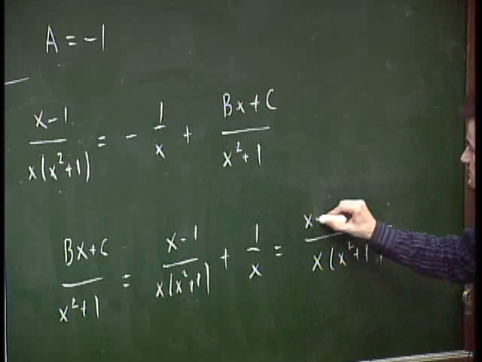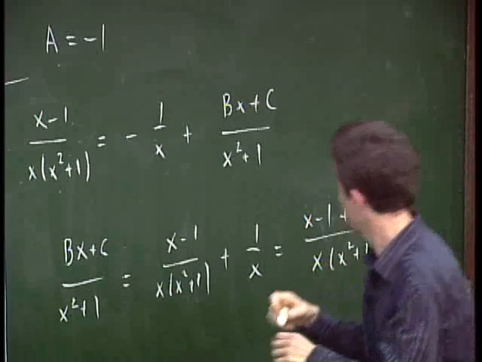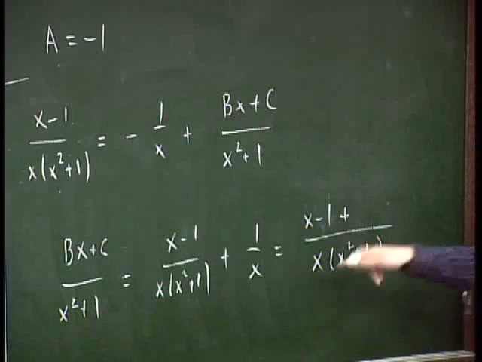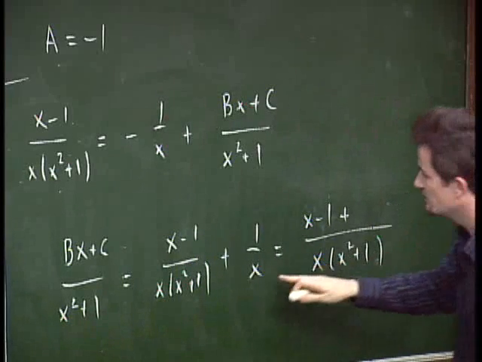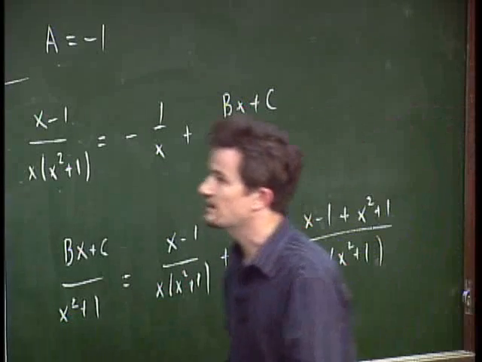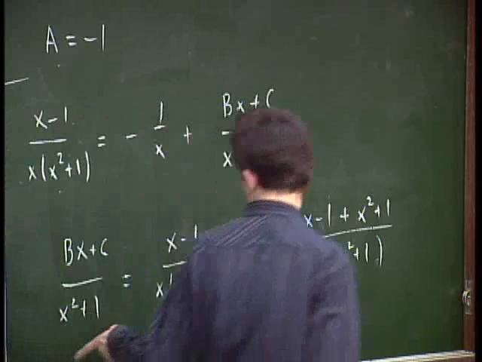So you have here x minus 1 plus, okay, because you have to multiply everything with x, you still have an x here, I was just confused. So you have here x squared plus 1. Now you multiply everything with x times (x squared plus 1), and you get easily, and you see already what the result here is.